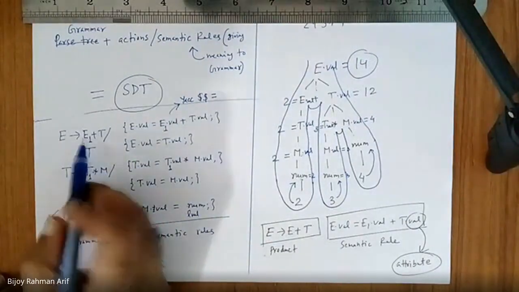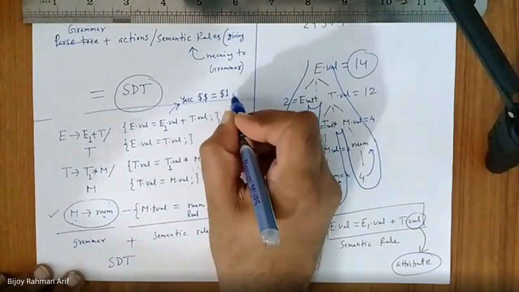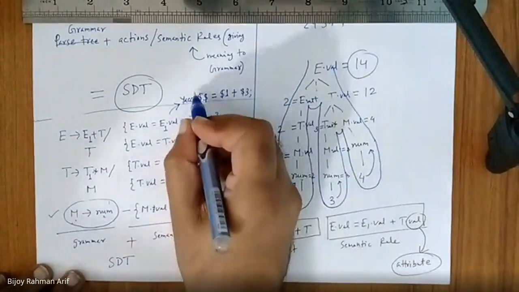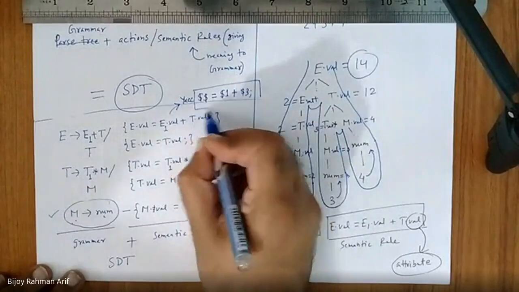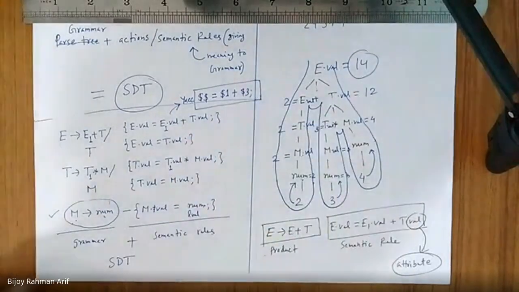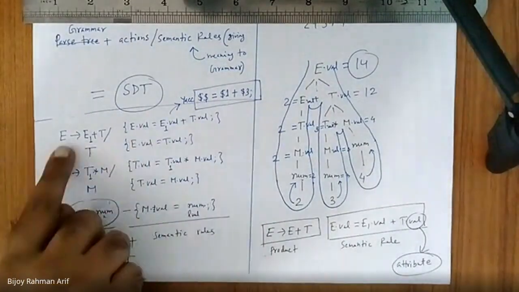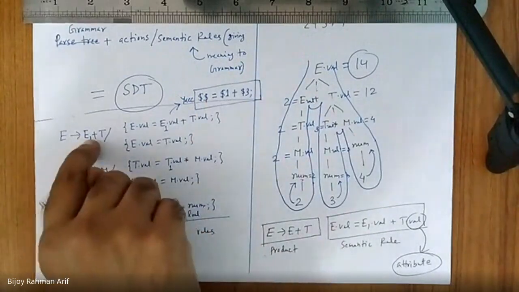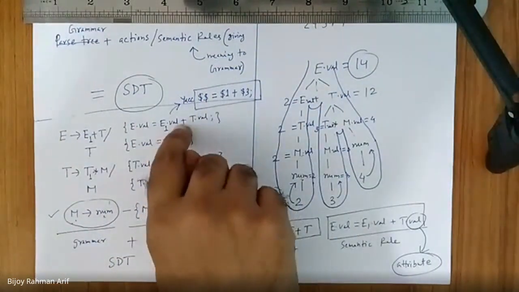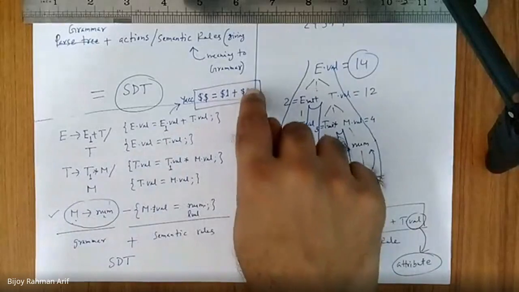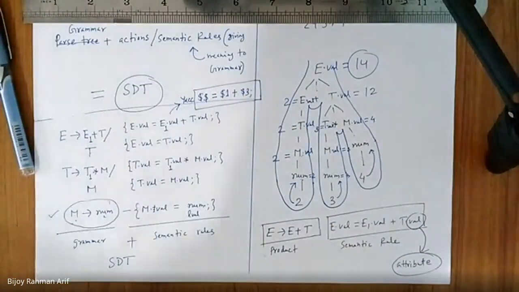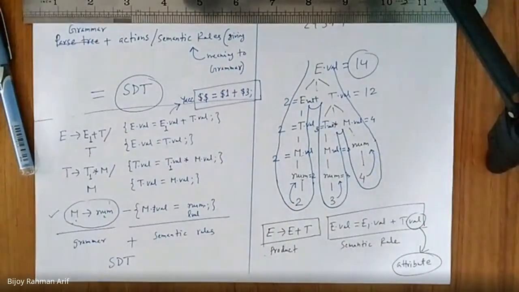This is the first position, so $1, plus this is the third position, $3. So that is the format of writing semantic rules in YACC. Did you understand? So the left hand side, in this case E dot val, in YACC is $$. The first variable is $1, in this case E1 dot val. And the third one is nothing but $3, which is T dot val. Okay, guys? Any more questions?